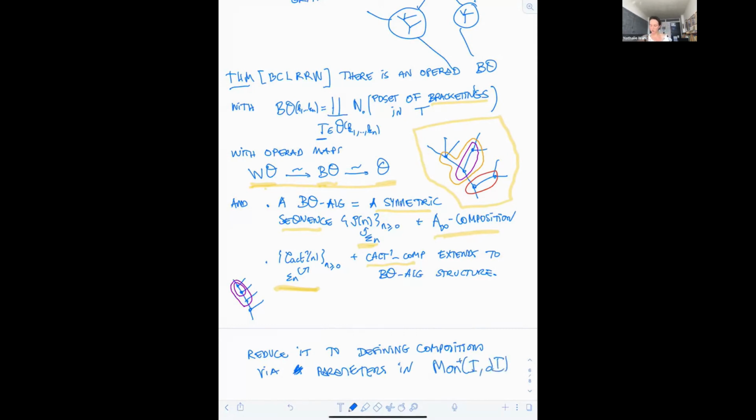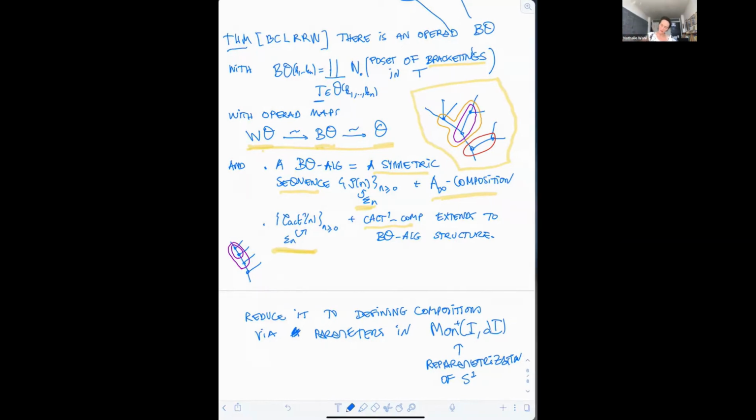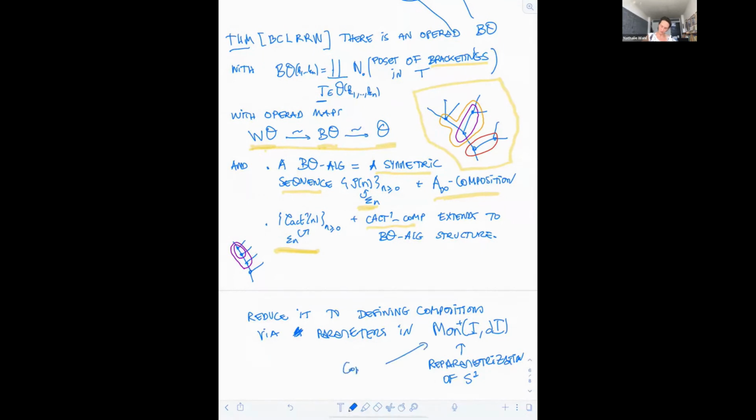So these are the strictly monotone maps from the interval to each cell. So you should think of these as reparameterizations of S1 fixing the base point. The homotopies you can encode by choosing reparameterizations of this one, and this one, and this is a convex space. So once we have decided what to do with every vertex in this poset of brackets, then we can just linearly interpolate using this. I should stop here.